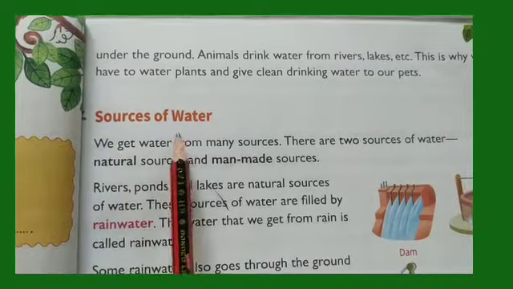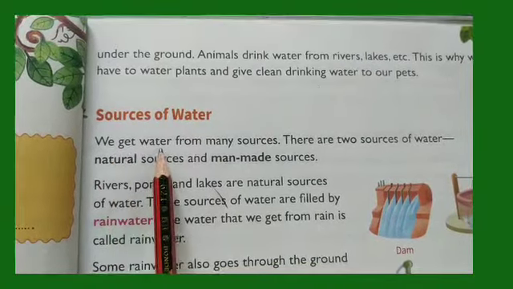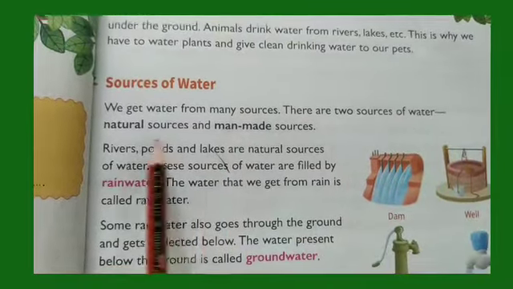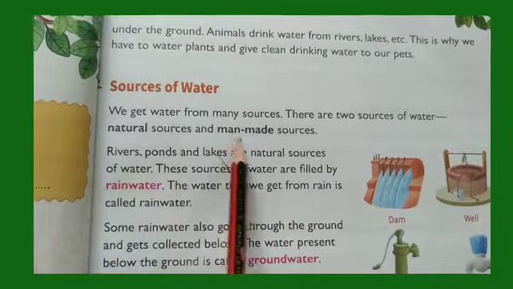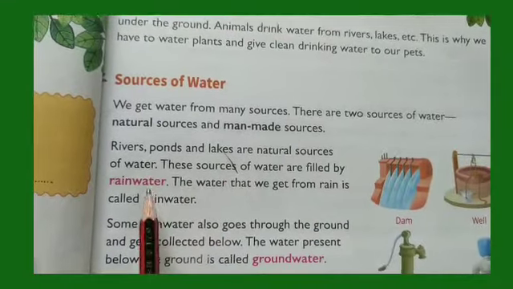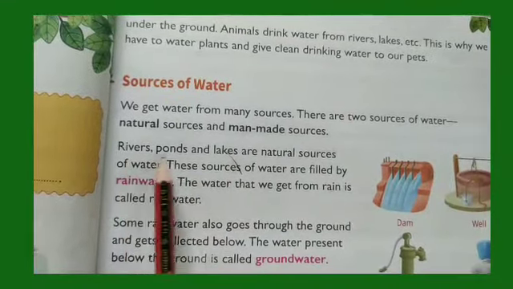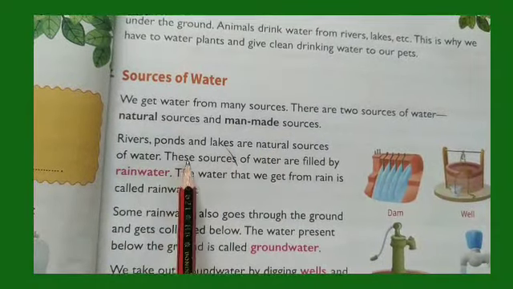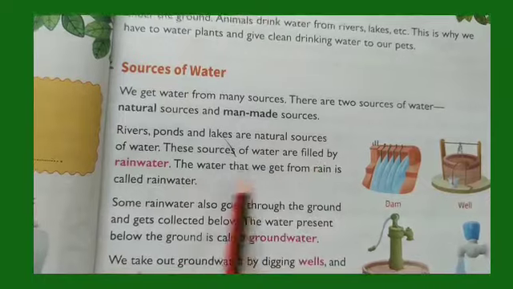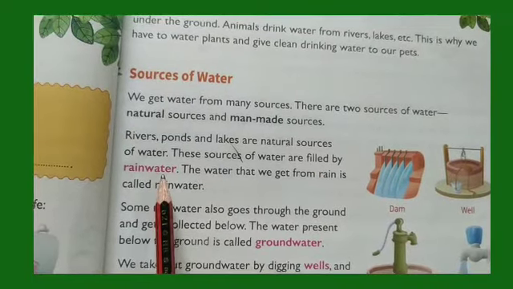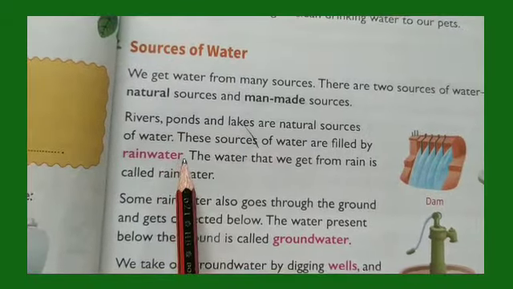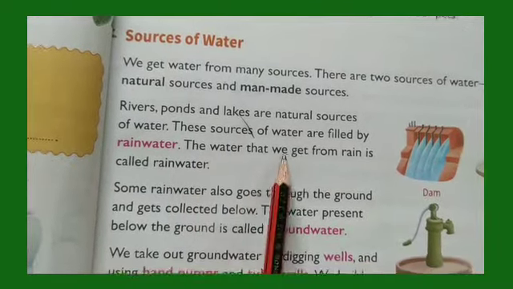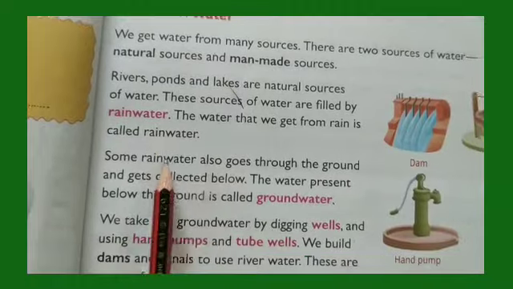Now, sources of water. We get water from many sources. There are two sources of water, natural sources and man-made sources. Now, natural sources are what? Like rivers, ponds and lakes are natural sources of water. These sources of water are filled by rainwater. Okay, when we get rain, the rainwater fills all the rivers, the ponds and the lakes. The water that we get from rain is called rainwater.